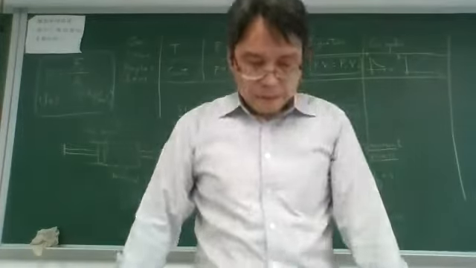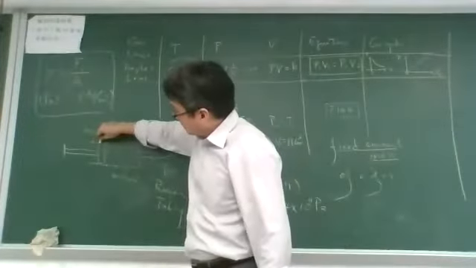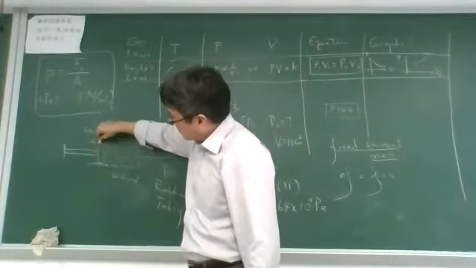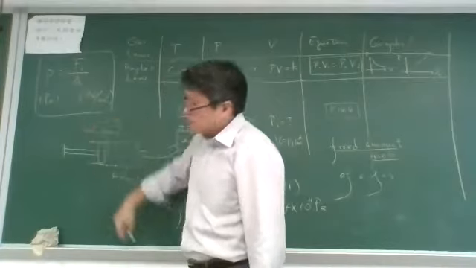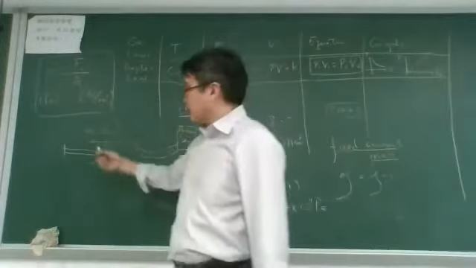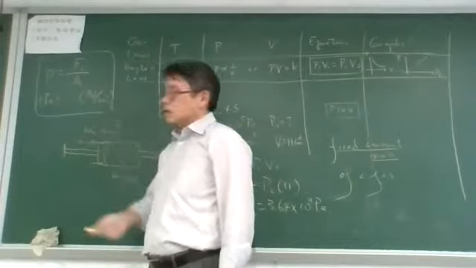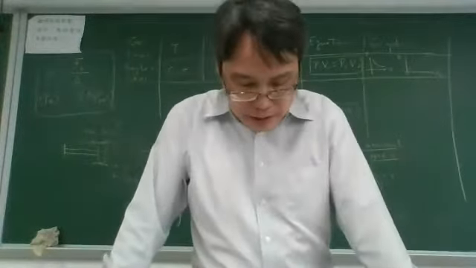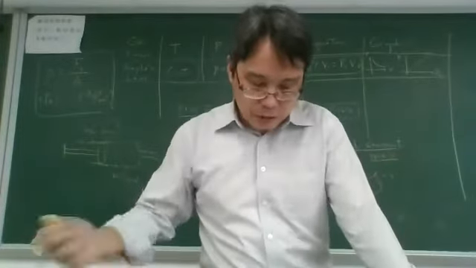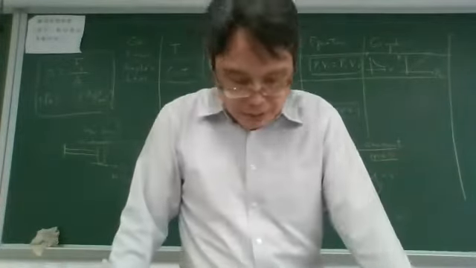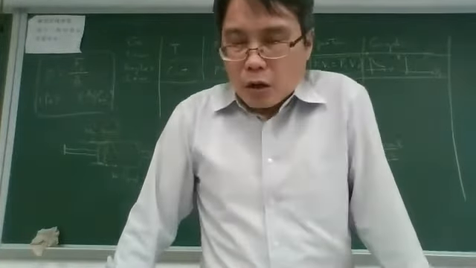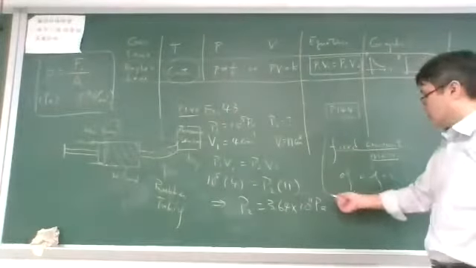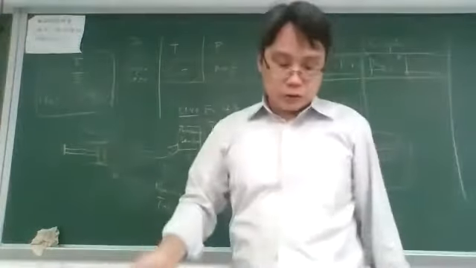Secondly, due to the small gap between the piston and the syringe, some gas may leak out when you push the syringe in or pull it out, and some gas may leak in. And so the mass of the gas is not constant.